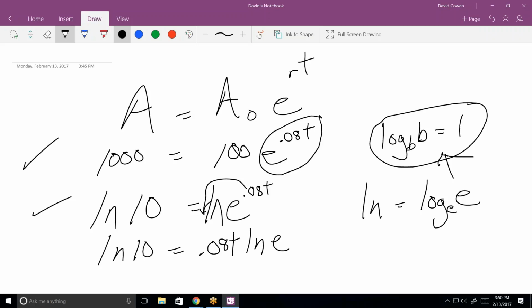That's 1. So I can erase that, replace it with a 1, which I don't need to write, and now I can solve for t. t is going to be natural log of 10 divided by 0.08. And that'll tell me exactly how many years it takes to increase your money by a factor of 10 if you're earning 8% per year.